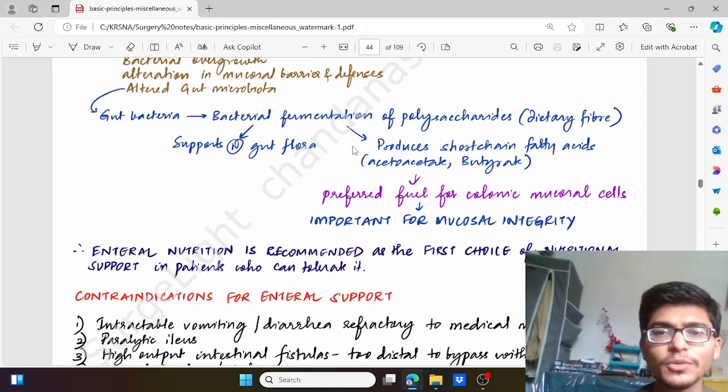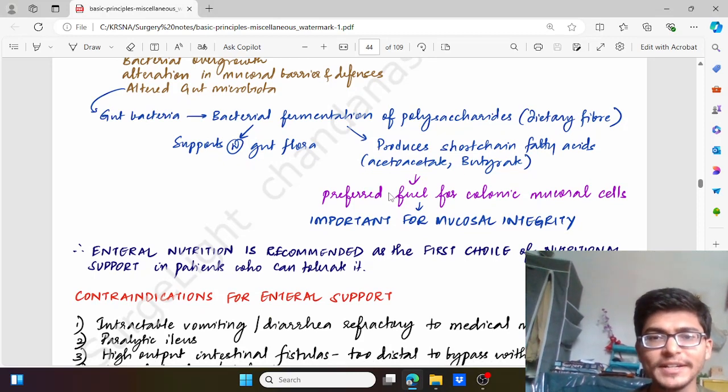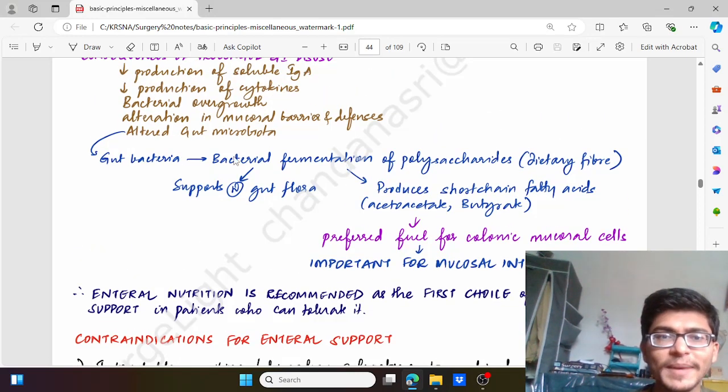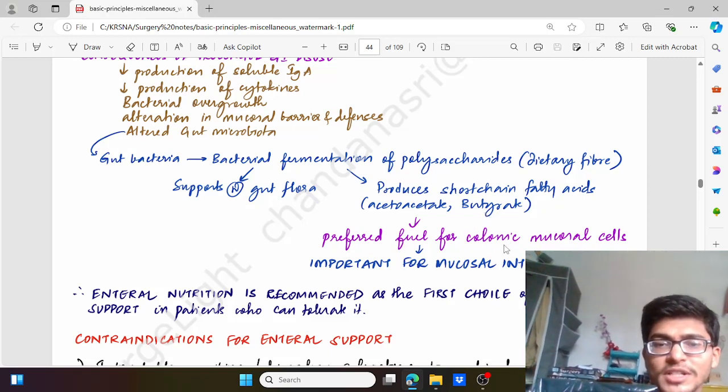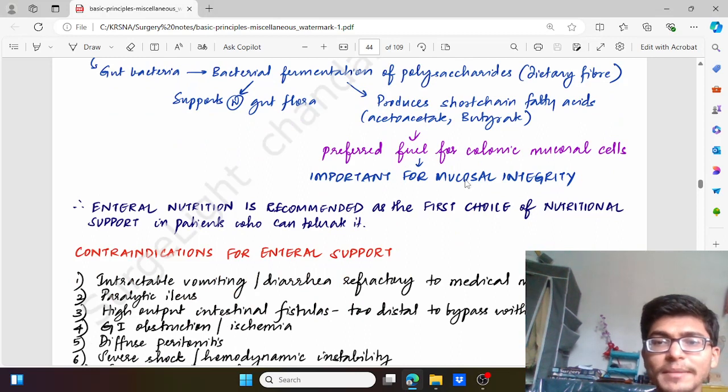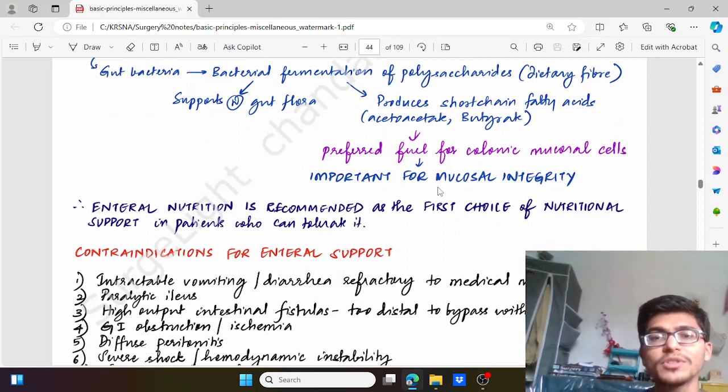So it supports the normal gut flora and produces short chain fatty acids, which include acetoacetate and butyrate, the preferred fuel for colonic mucosal cells, which is important for mucosal integrity. गट बैक्टीरिया जो हमारे डाइट में पॉलीसैकेराइड होता है फाइबर्स, उसको फर्मेंट करके गट के फ्लोरा को भी सपोर्ट करता है. ऑल्सो वो शॉर्ट चेन फैटी एसिड बनाता है एसिटोएस्टेट एंड ब्यूटाइरेट, which is fuel for the colonic mucosal cell and is important for the mucosal integrity. यानी mucosal cell ठीक रहेंगे इसलिए वो ज़रूरी है short chain fatty acid like acetoacetate.